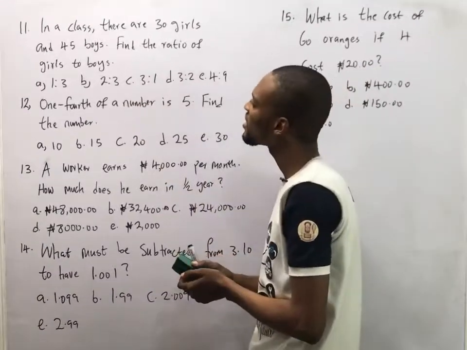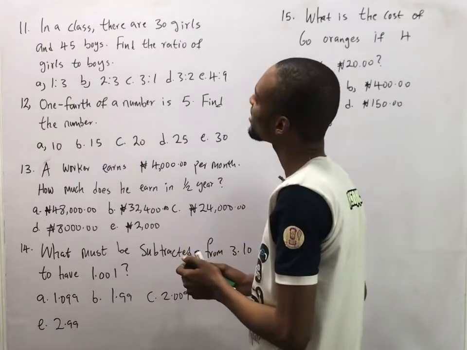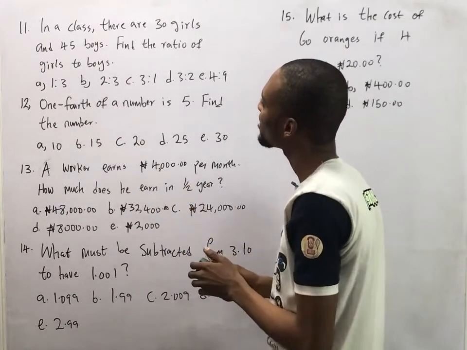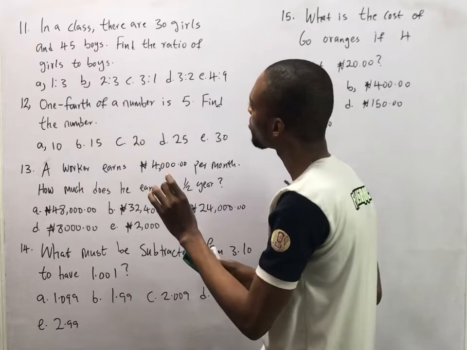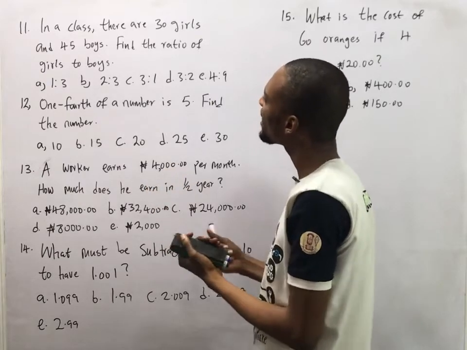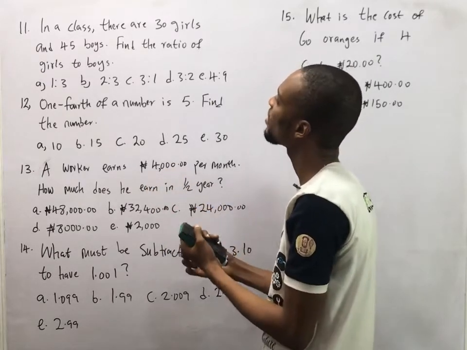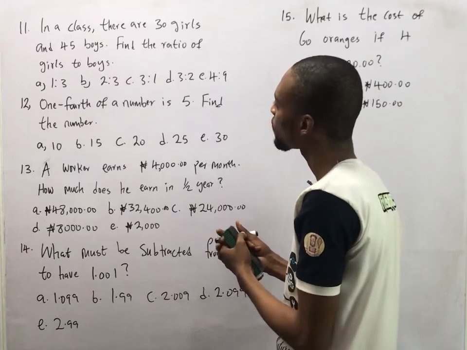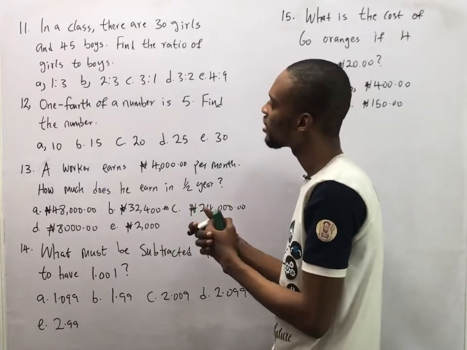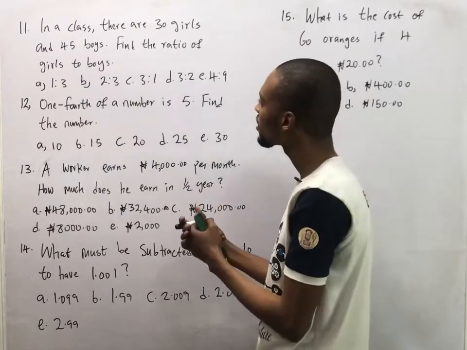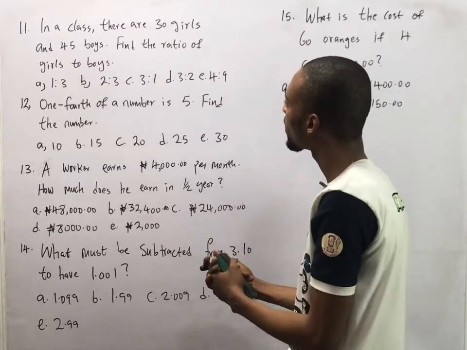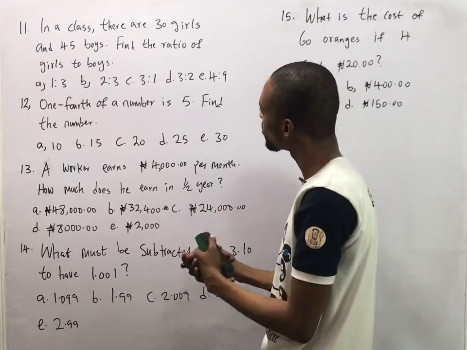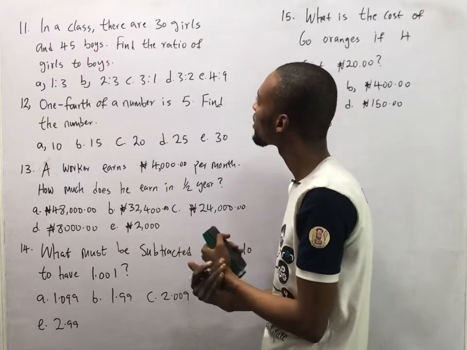Question 11 says, in a class, there are 30 girls and 45 boys. Find the ratio of girls to boys. A, 1:3. B, 2:3. C, 3:1. D, 3:2. And E, 4:9.